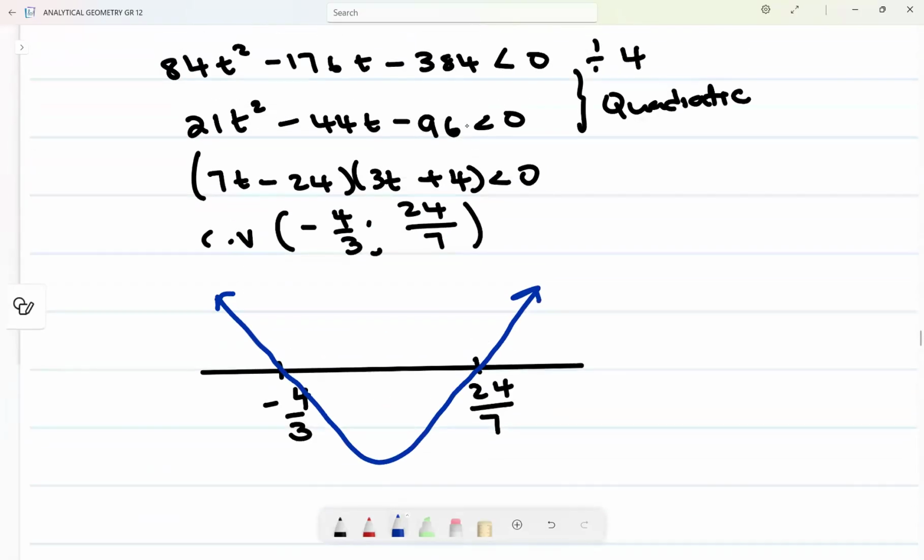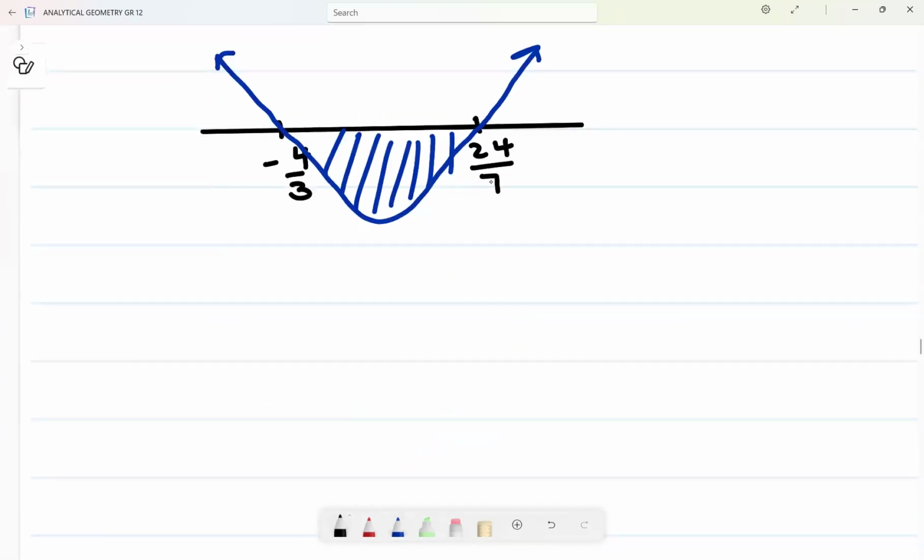And I want where it is less than 0, so it is below. Therefore, t should be between these values, -4 divided by 3 and 24 divided by 7.